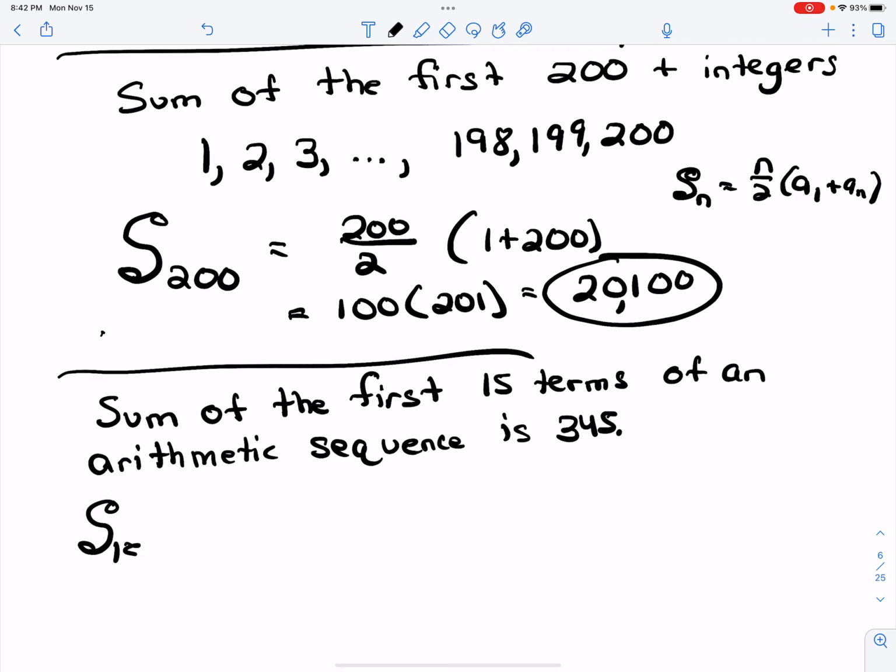They give us the sum of the first 15 terms is 345. They also give us that a sub 15 is 65. So the 15th term is 65. And then they want us to find a sub 1 and d.